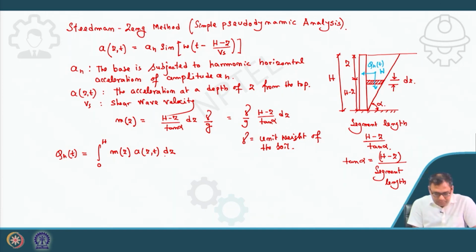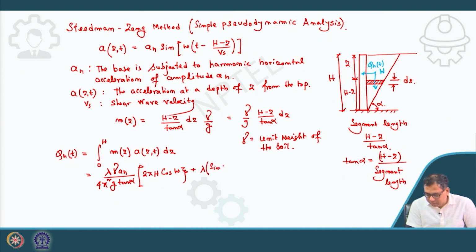After integration and putting the limits, I will get the final value: lambda gamma H divided by 4 pi square g tan alpha, into 2 pi H cos omega zeta plus lambda sin omega zeta minus sin omega t, where lambda is 2 pi Vs by omega.